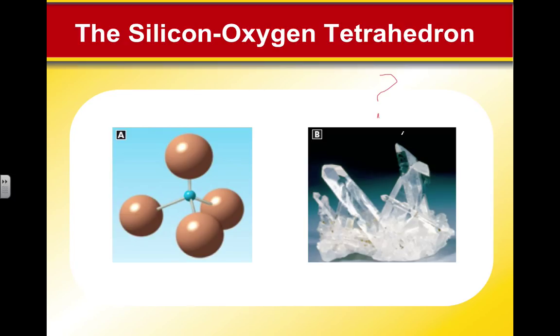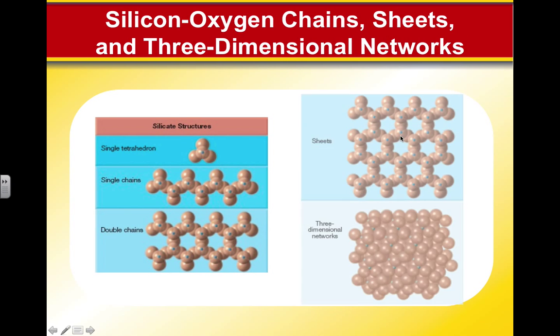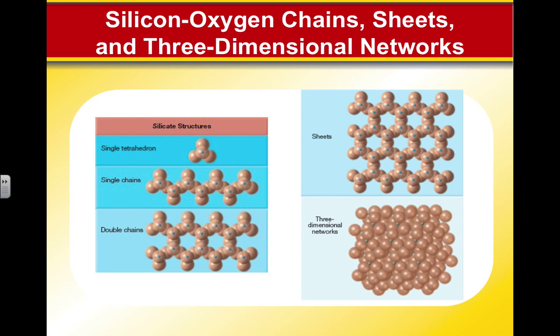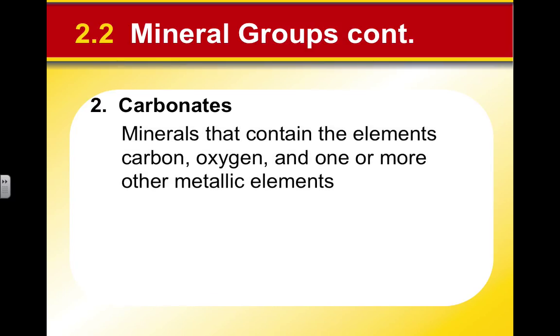So go ahead and look in your textbook, or if you want to investigate silicon oxygen tetrahedron, tell me what type of mineral that is. Like I said, if we get a chance, we'll do this in class, but I'm not going to go into detail about that.